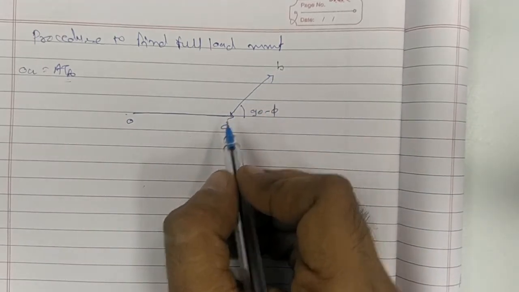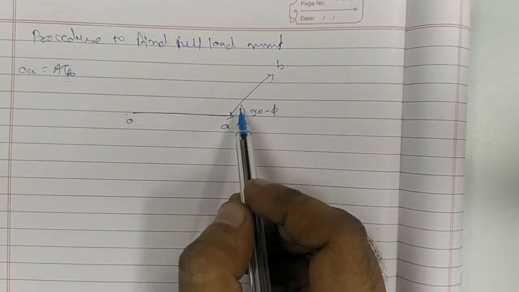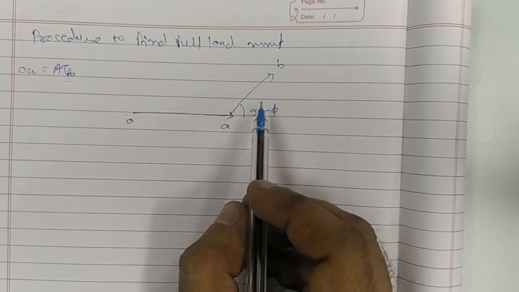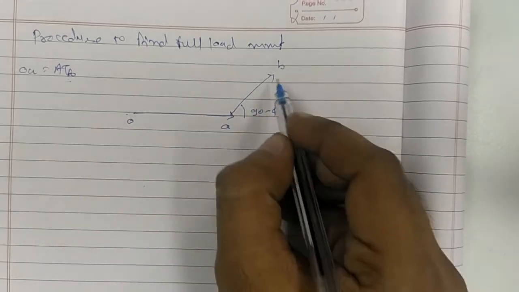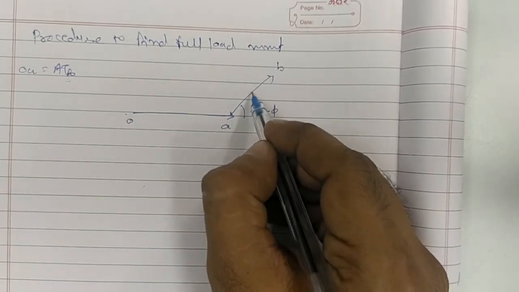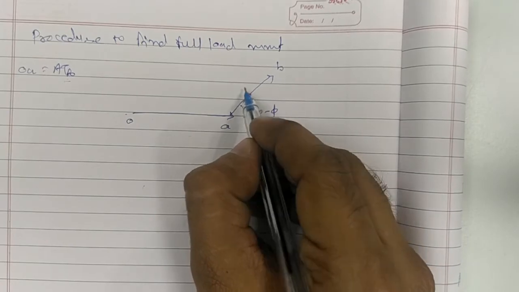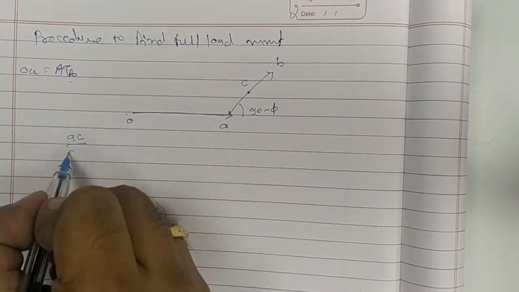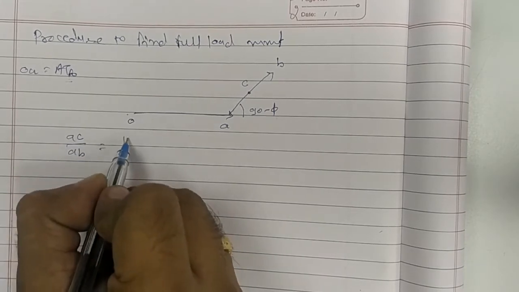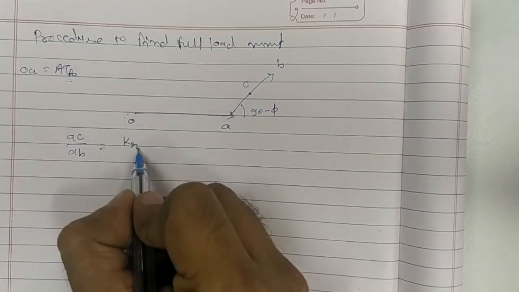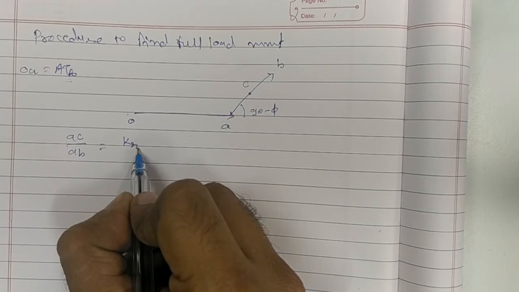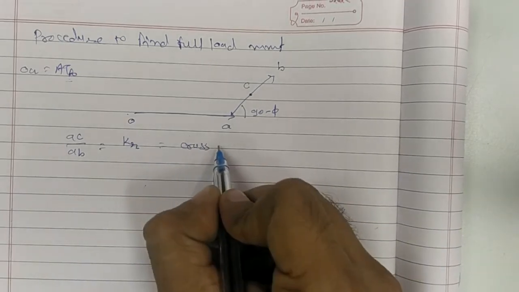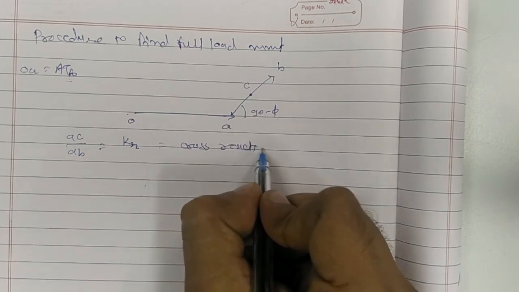Now in this line AB you have to locate one point C in between, like this, such that AC upon AB becomes KR, where KR is called the cross reaction coefficient.